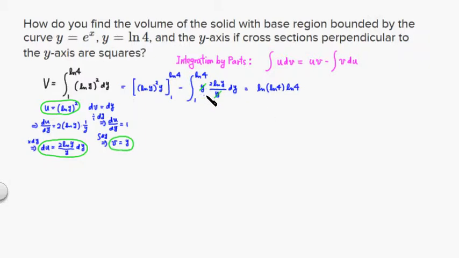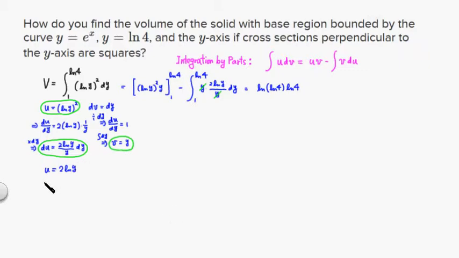All right, then here we have a 2 natural log of y. So I'm gonna use another application of integration by parts. So now the new u is going to be 2 natural log of y.